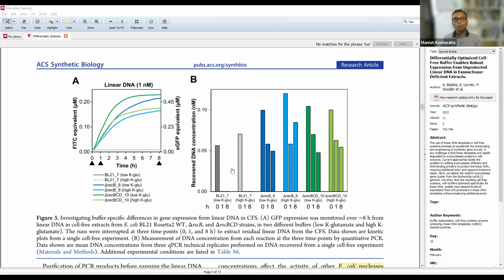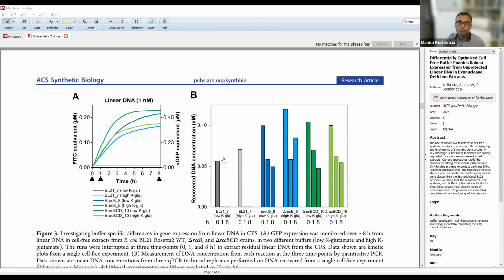Excellent. So we were actually quite curious as to what was going on. Why was it that our extracts with the low K glutamate were protecting better? We wanted to know whether this was something to do with better protection of the DNA itself, or whether there was something else going on.